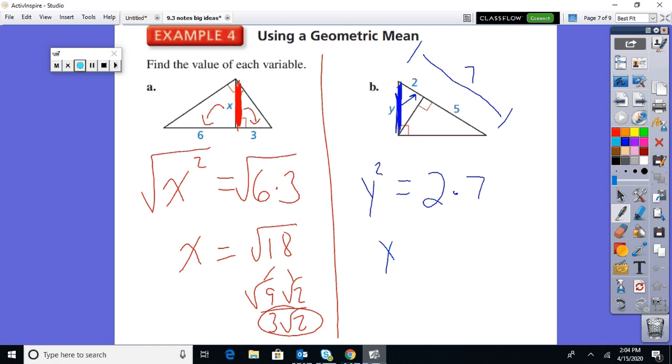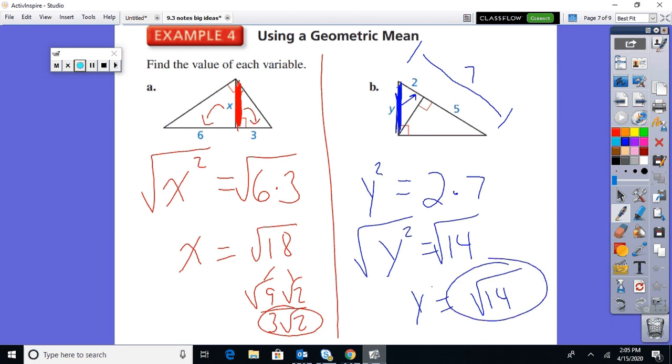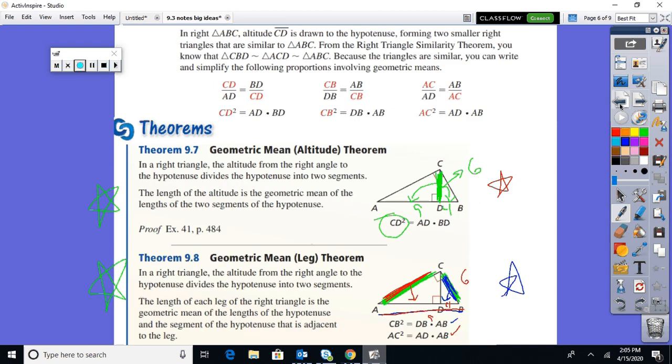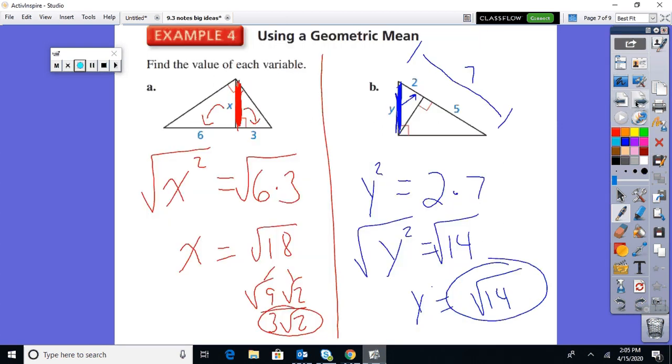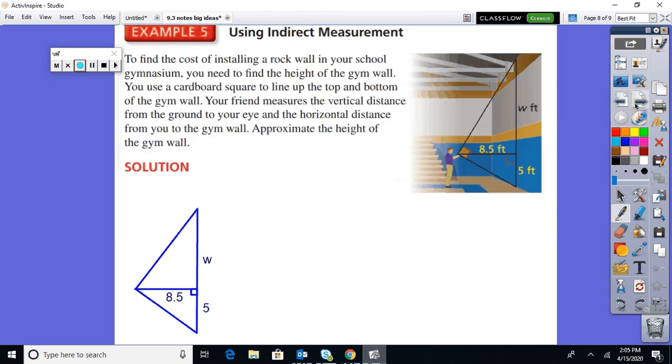So y squared equals 14, and I can't do anything with that square root. 2 and 7 don't help me break it down because they're not perfect squares, so you're just done at the square root of 14. All right? Again, a lot of words, but it all comes back to these two theorems, and you'll be able to recognize things the more you practice.